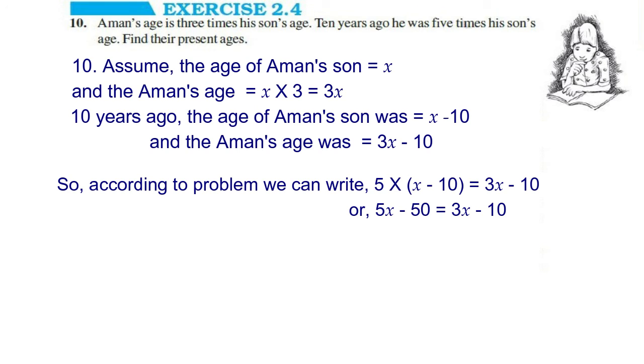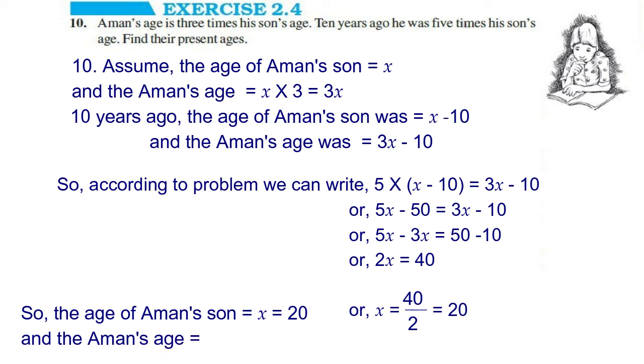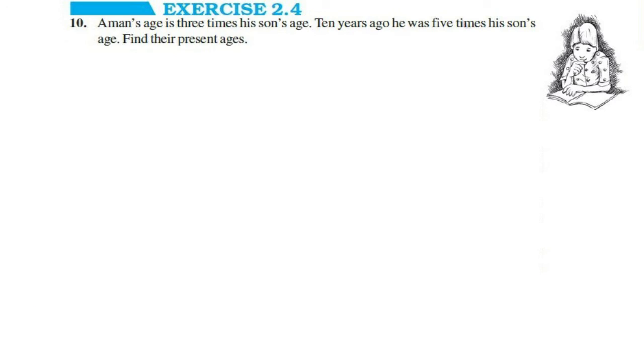Now we can separate the variables and the numbers. We can write 5x minus 3x is equal to minus 10 plus 50, or 2x equal to 40, or x equal to 20. So Aman's son's age is equal to 20 years, and Aman is 3 times his son's age. So Aman's age is equal to 3x, is equal to 3 into 20, is equal to 60 years.